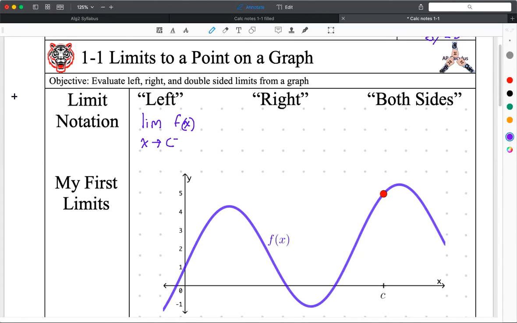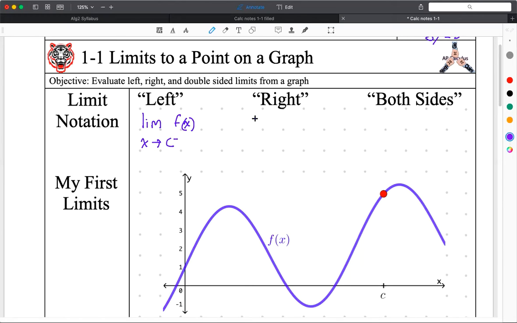All right. Is there anyone that wants to attempt how to do the right-hand notation for the limit? Yeah, go for it, Fiona.